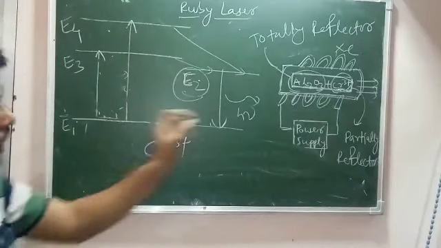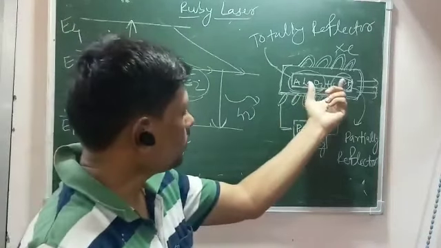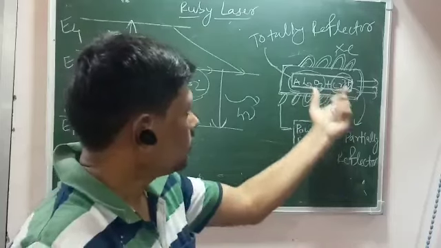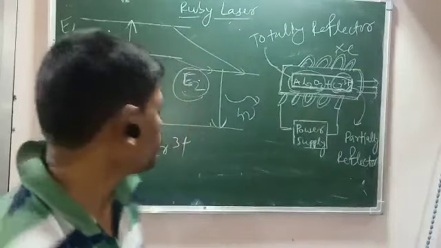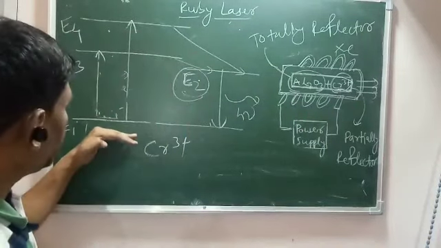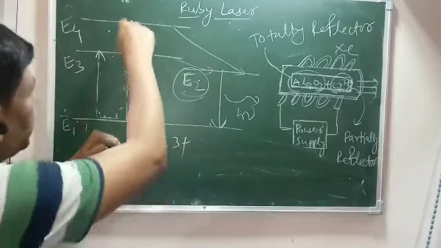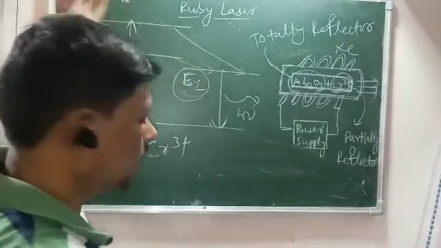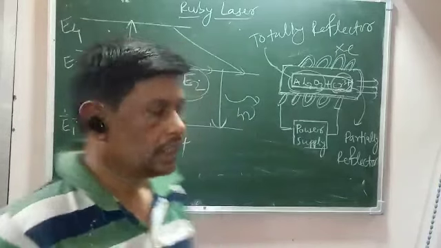When the pulses of light fall on the ruby crystal, the ground state chromium ions undergo transitions to the E2, E3 and E4 energy states.